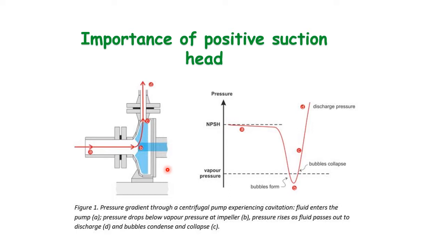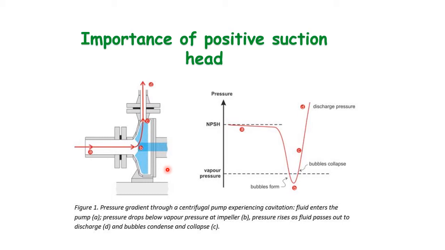Cavitation is a stage in which the fluid entering the pump will start vaporizing and changing phase from liquid to gaseous. That's why it's not desirable, and it will result in mechanical as well as hydraulic problems.